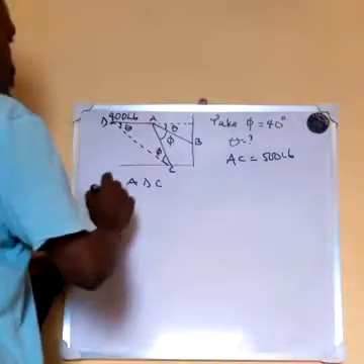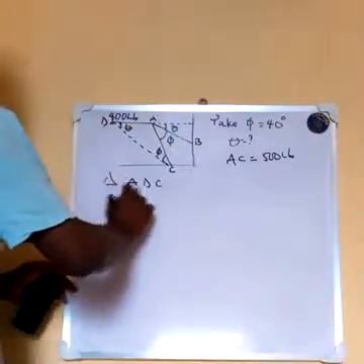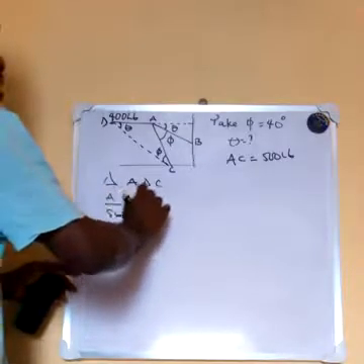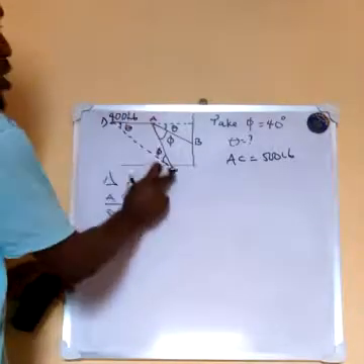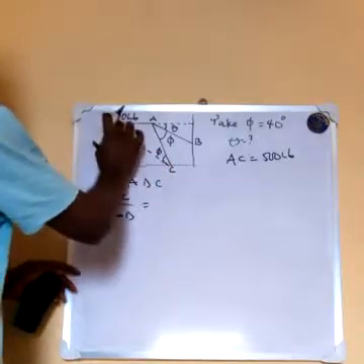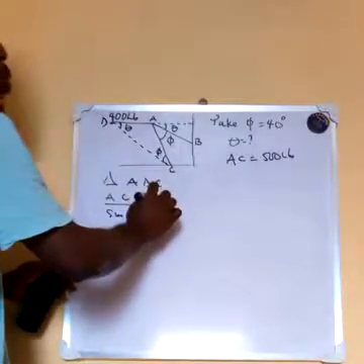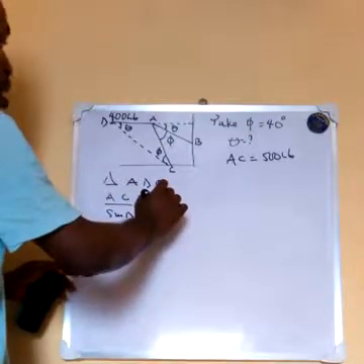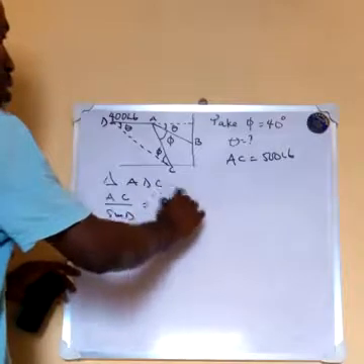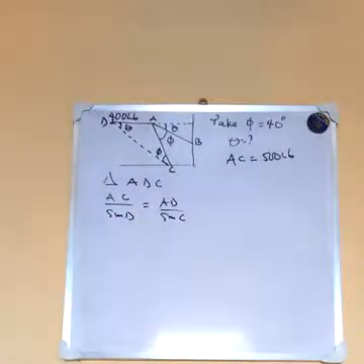So let's get the sine rule done now. So you have AC over sine D equal AD over sine C. AC is given, sine D is needed. That is your sine rule.